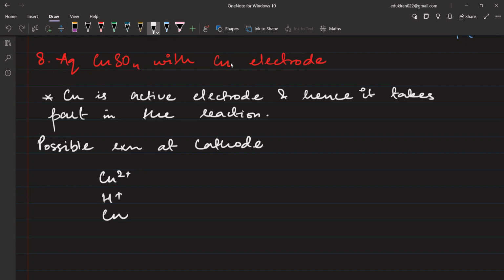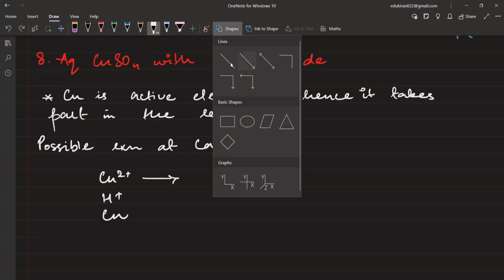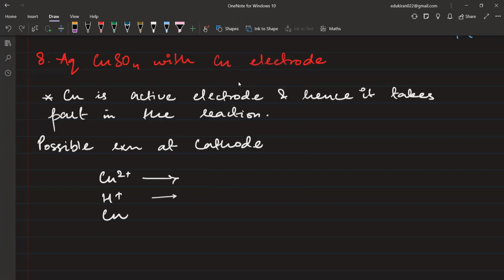Okay, you are having all of these things. Now see here. Oh, sorry. I have to give them electrons also. My bad. Copper 2 plus, plus 2 electron, 2H plus, plus 2 electron, and this is also going to get some electrons.